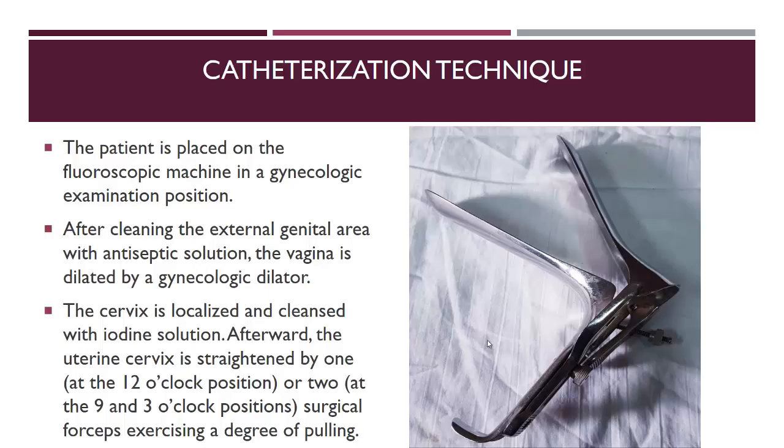Usually we try to straighten the cervix. If you find the cervix looking downwards because the uterus is retroverted, or looking to one side, you try to grasp the cervix in order to make the cervical os central. But try to stay away from 3 and 9 o'clock because these positions are vascular, due to the presence of arborization of the uterine artery there.